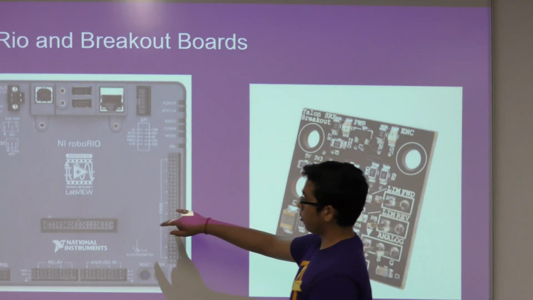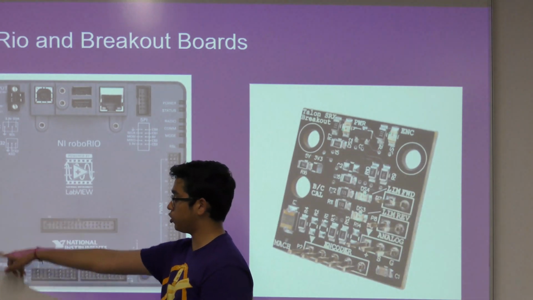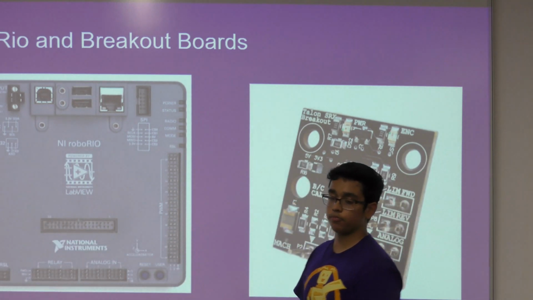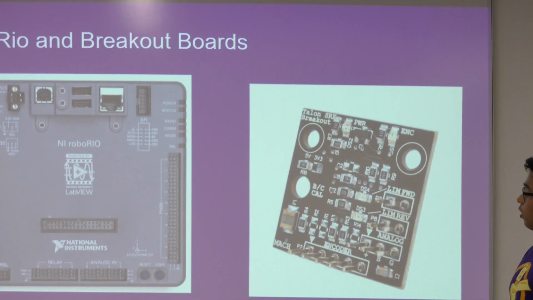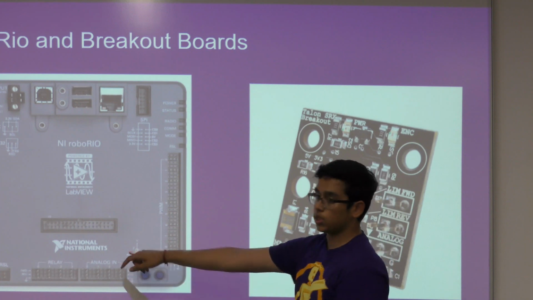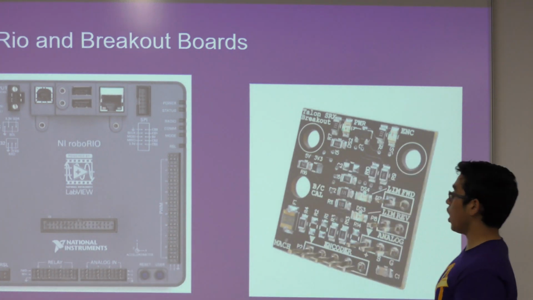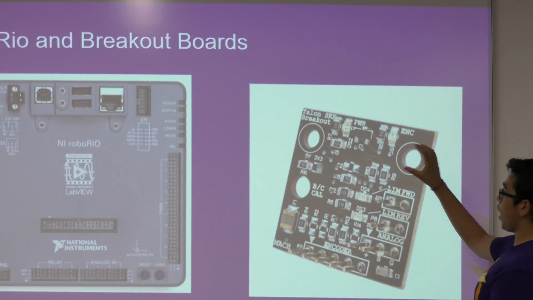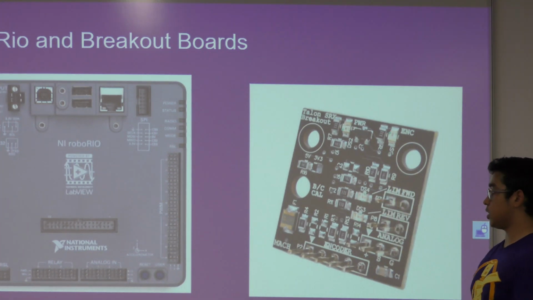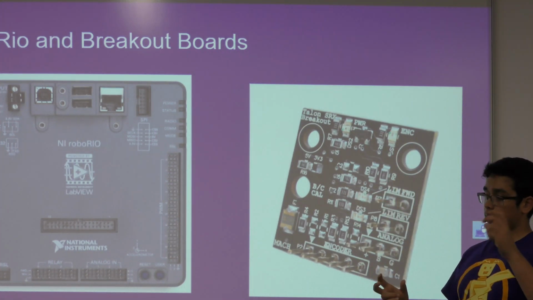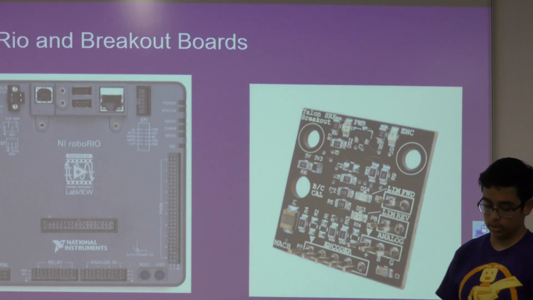But what the RoboRio does take in is digital input and analog input. There are two ways of getting analog input. One is to connect it directly to the RoboRio, and the other is to connect it to something called a Talon breakout board, which allows us to connect analog input directly to the Talons.